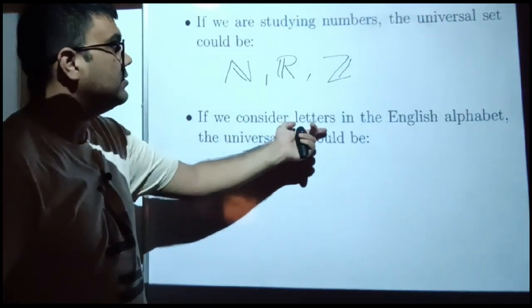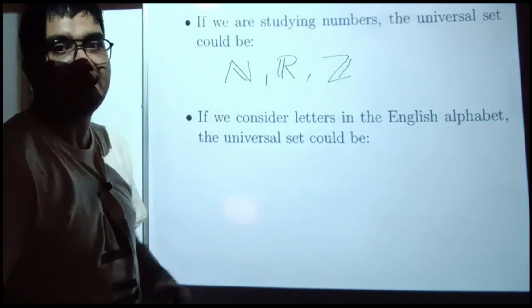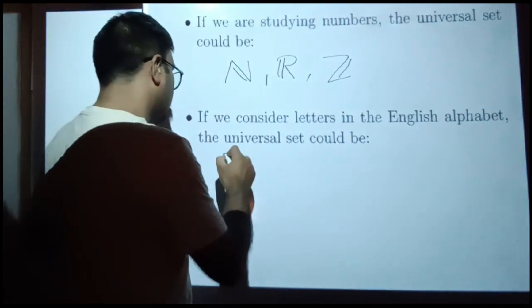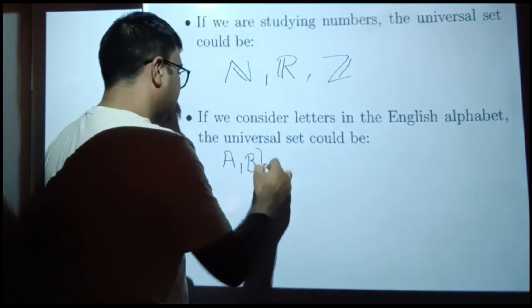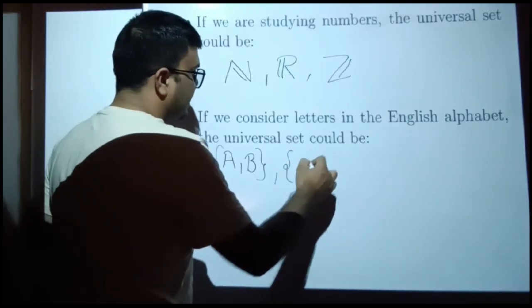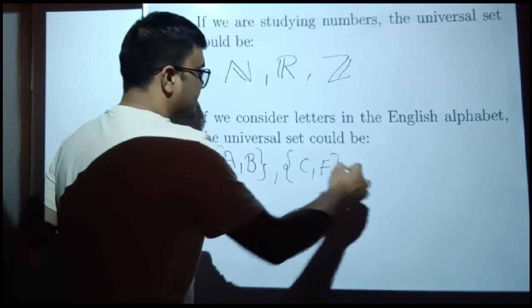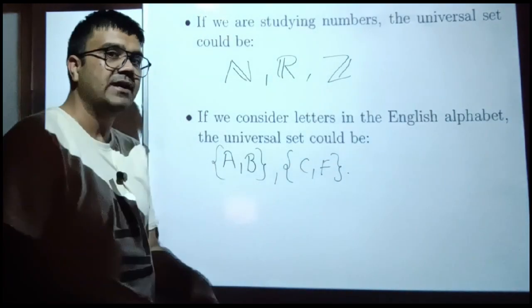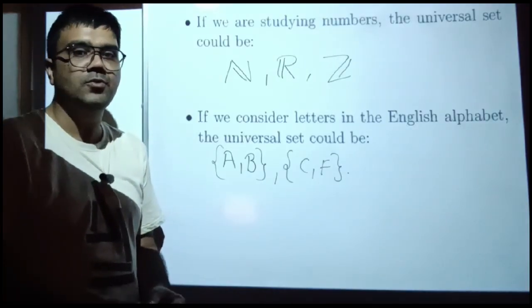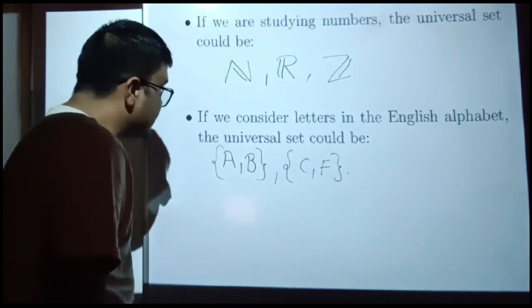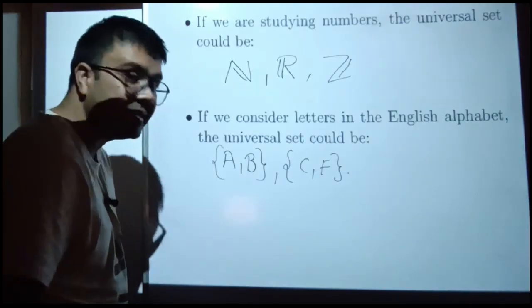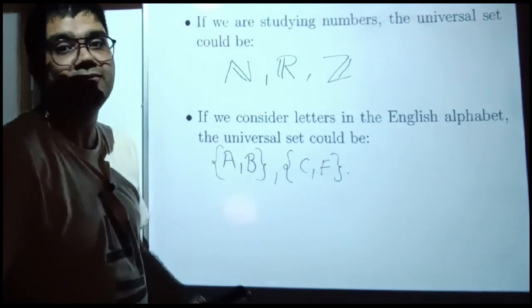If we are talking about a set of letters, suppose I am talking about a set having elements A, B, and another set having elements C and F. These are the two sets given to us, and we want to find the universal set corresponding to these two. So we can consider the set of all letters of the English alphabet as the universal set.